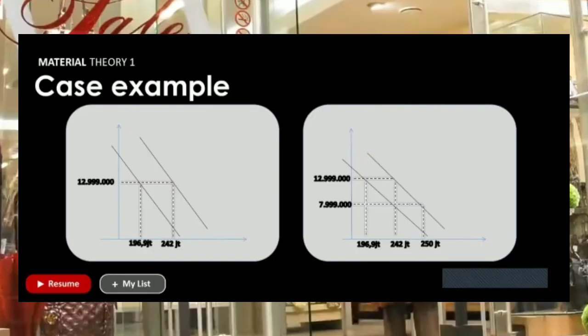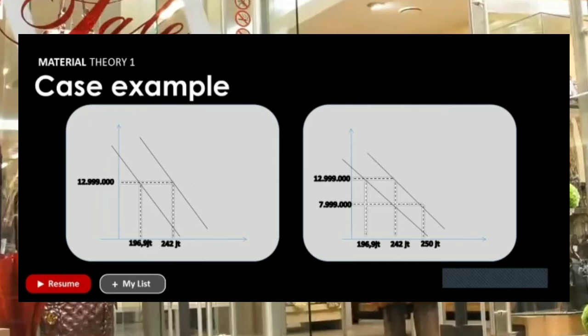From the data before, we must draw two curves to show the shift in the demand. In the first curve, we put the price at 12,999 Indonesian rupiah, with the consumption from 116.9 people until 242 people. It was increased from 2016 until 2020.